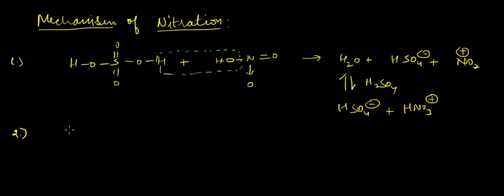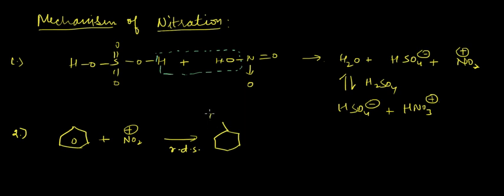we have this benzene ring and we have also NO2 plus. This benzene ring actually reacts with NO2 plus to create a Wheland intermediate. We have looked at it when we were discussing the electrophilic aromatic substitution reaction.